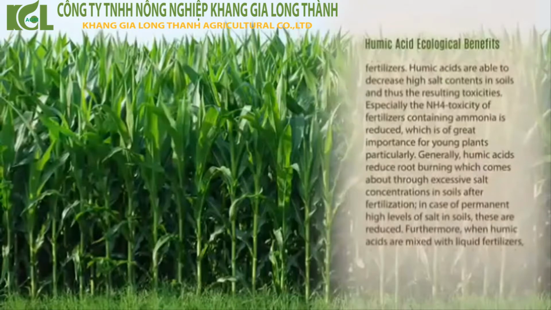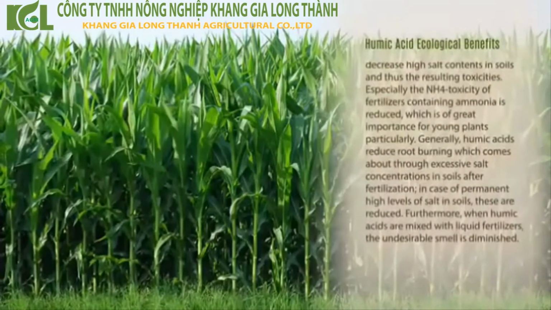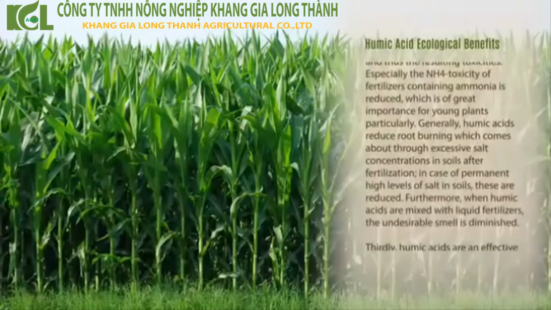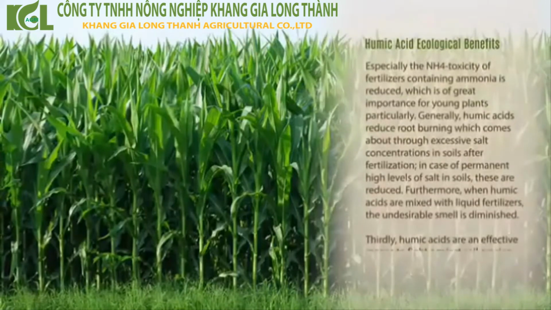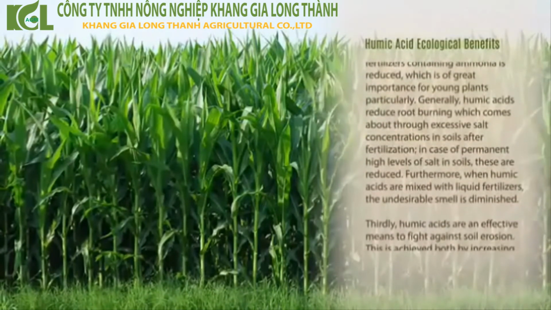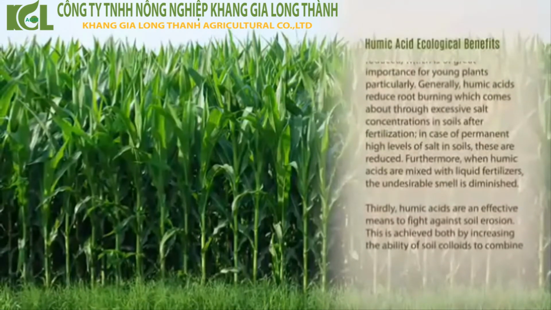Generally, humic acids reduce root burning, which comes about through excessive salt concentrations in soils after fertilization. In case of permanent high levels of salt in soils, these are reduced. Furthermore, when humic acids are mixed with liquid fertilizers, the undesirable smell is diminished.